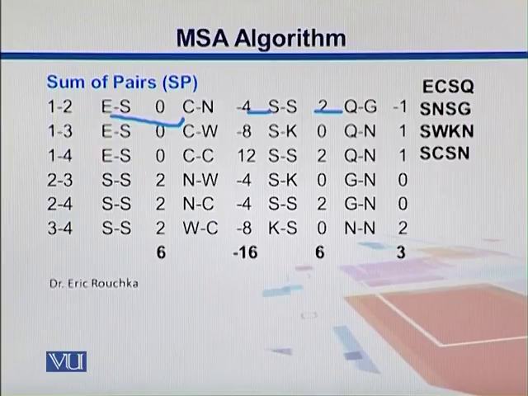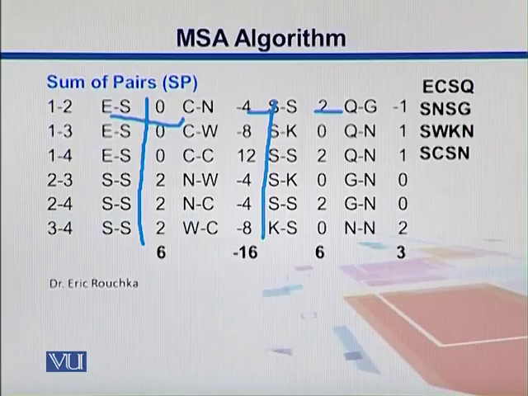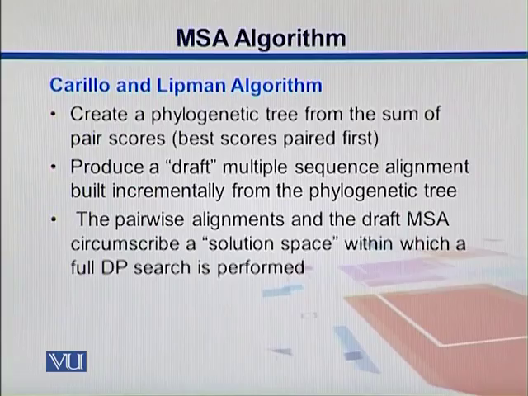In the same way we do that for 1 and 3, 1 and 4 and the rest of them, and in the end we get those columns all together and a summation of the scores for the whole column. For column number 1 we get a sum of score equal to 6. In column 2 we get -16. Column 3 you get -6, and column 4 you get 3.